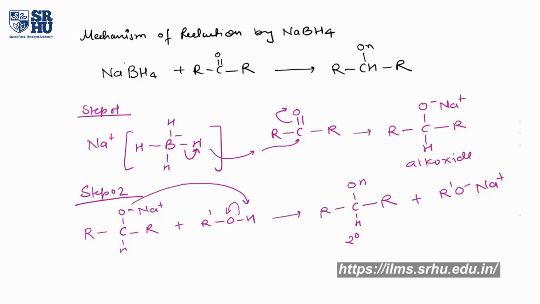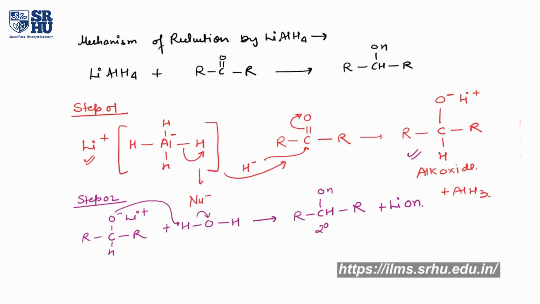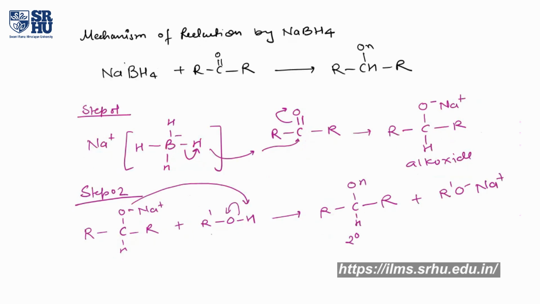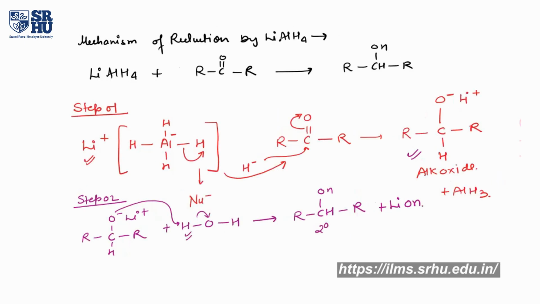Now you must be wondering why in lithium aluminium hydride it takes a proton from water, and why in sodium borohydride a proton is taken from alcohol. See, you have to understand the nature of alkoxide ion. Alkoxide ions are usually bases. They have a strong tendency to get a proton.